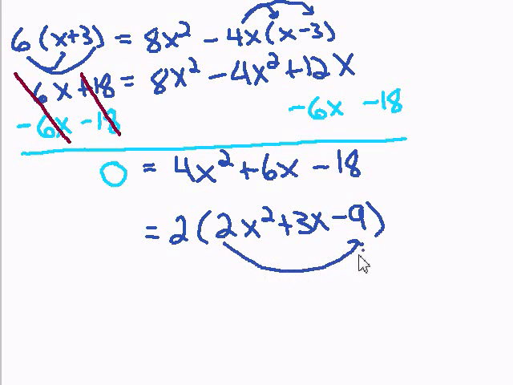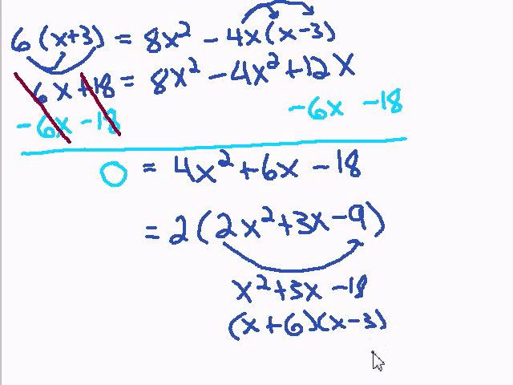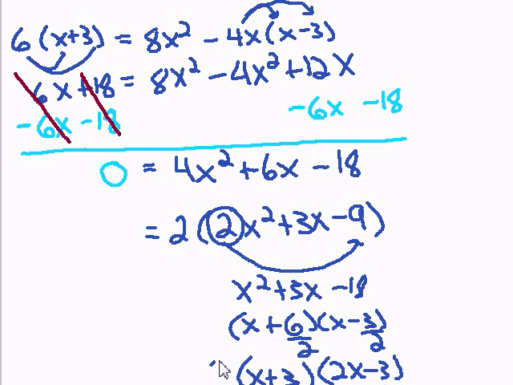I swing the 2 to the negative 9, giving me x squared plus 3x minus 18. I find 2 numbers that multiply to negative 18 but add to 3, specifically x plus 6 and x minus 3. I then divide by the 2 that I swung, not the 2 outside, but the 2 that I swung over, giving me x plus 3 and 2x minus 3. And I still have my 2 outside, and all this equals 0.